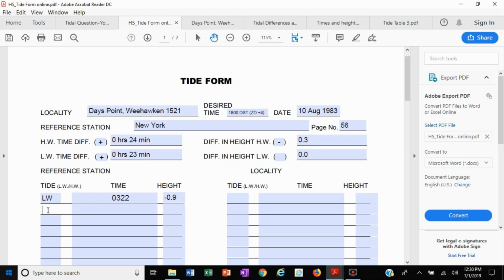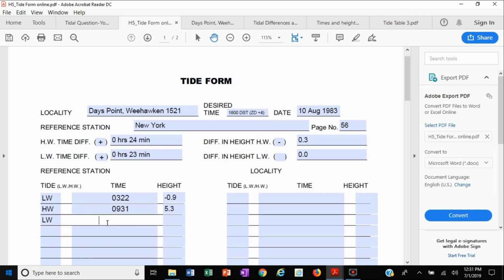Come back down here and we look for high water now. And the time is 0931, and the height is 5.3 feet. Same thing here, low water now, right? Low water.